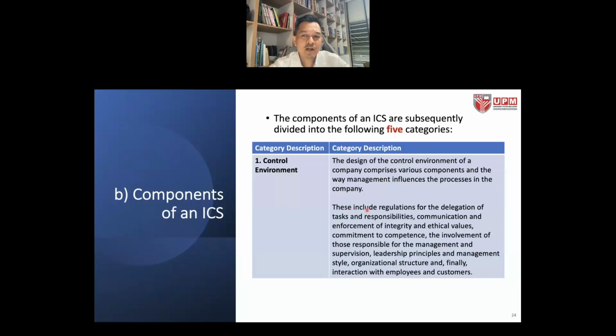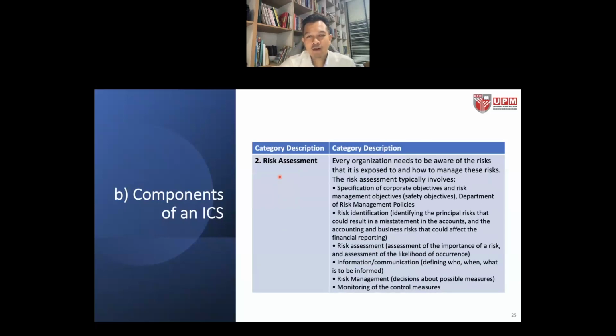So these include regulations for the delegation of tasks and responsibilities, communication and enforcement of integrity and ethical values, commitment to competence, the involvement of those responsible for management and supervision, leadership principles and management style, organization structure, and finally, interaction with employees and customers. So this is what we call the first ICS category, control environment, right?